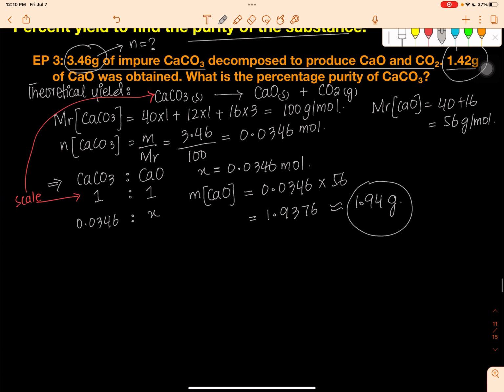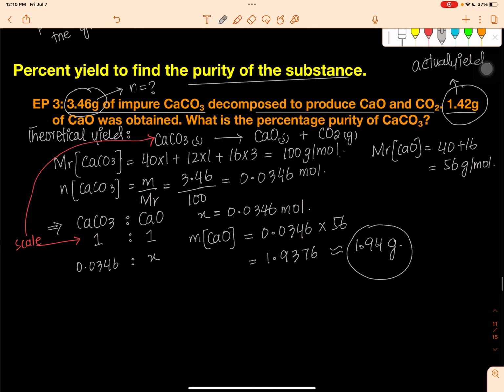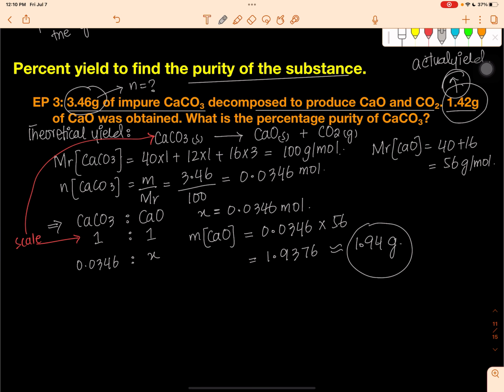But since in actual yield we received 1.42 grams, which was not near 1.94 gram, one of the causes is that we are receiving the lowest actual yield because the substance is not pure. So for this 1.42 gram, we will look into what amount of calcium carbonate is there.